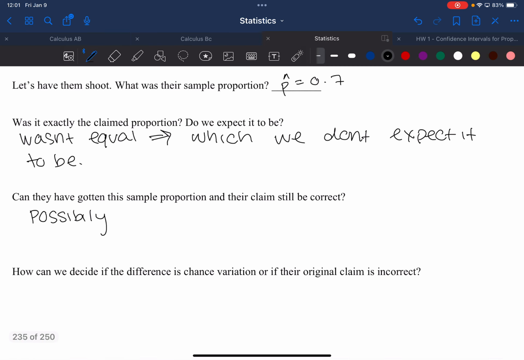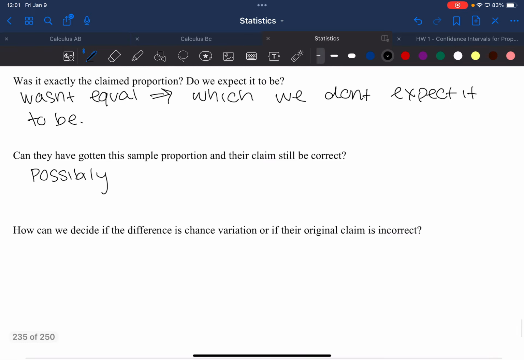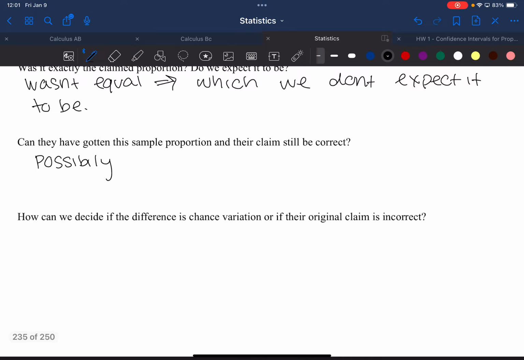So it says, how can we decide if the difference is chance variation or if their original claim is incorrect? What this is talking about is when we talked about the question before and we said possibly we could have gotten the same proportion and their claim still be correct. That is chance variation. Chance variation means, if you were to do a simulation again, would you get the same results because of skill or because of coincidence?